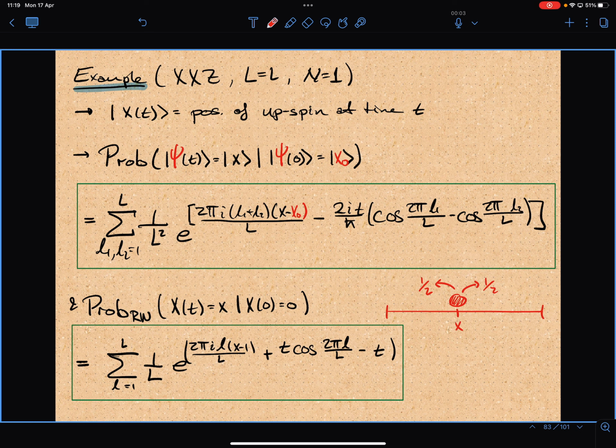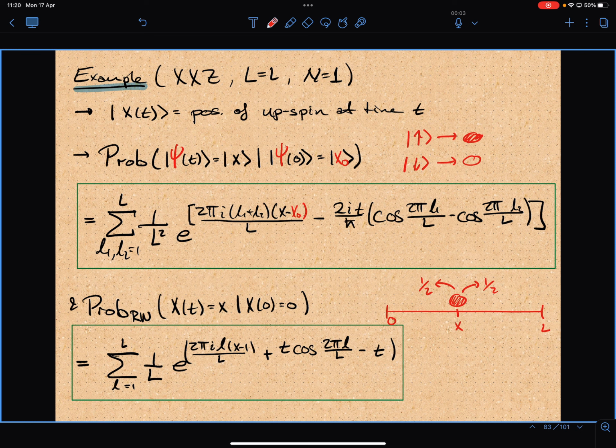And you're on a ring that's of length 0 to L. And so in here, the analogy that I'm making is that an upspin corresponds to a particle, and downspins correspond to holes, so vacant positions.